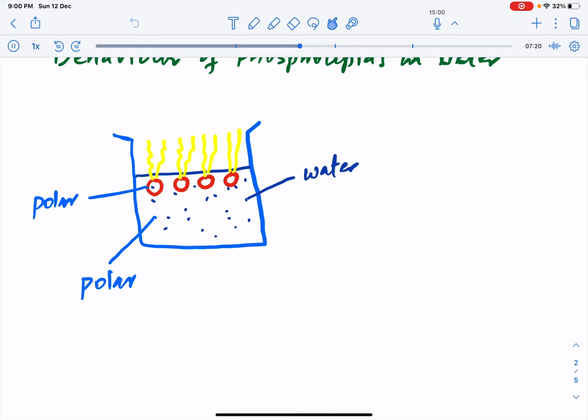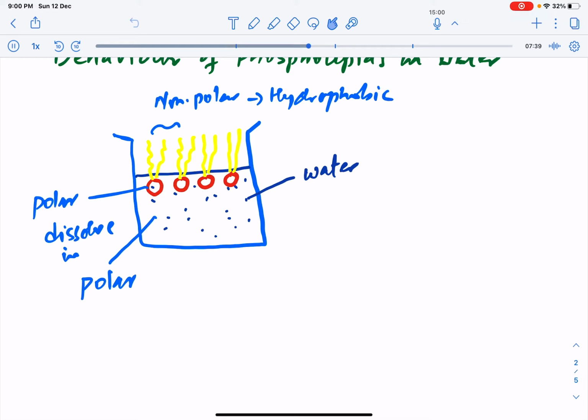So polar dissolves in polar, whereas the tails are non-polar, or you can say they are hydrophobic. So they are arranged in such a way that they are away from the water. The phospholipid molecules arrange on the surface of water with heads in the water and the tails projecting out of the water, and this makes a layer of phospholipids.